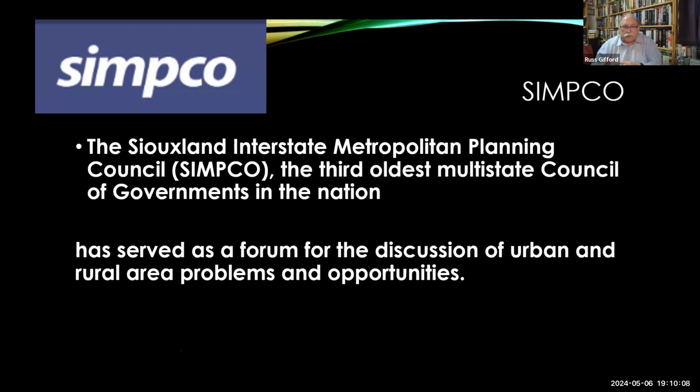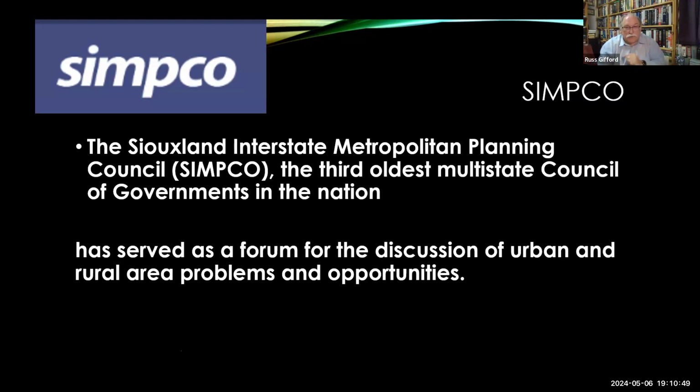SIMPCO took on not only the transportation issues, but was deeply involved in all the levees and dikes and the flood control projects, because they recognized building a flood wall on one side wasn't going to do anything for the other side, right? In fact, it would possibly damage them because now there's no runoff going that way and could cause them problems. So again, both the transportation with bridges and the local issues of flooding required lots of moving pieces between different states.